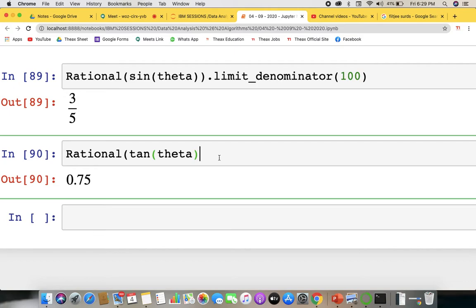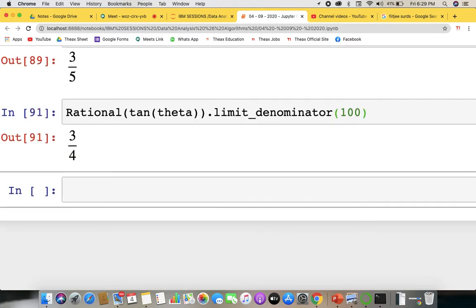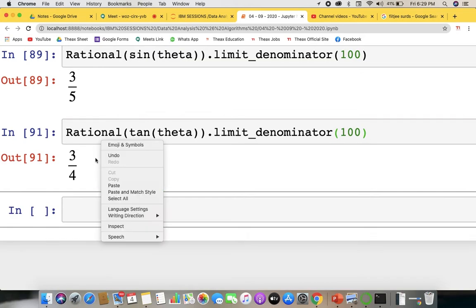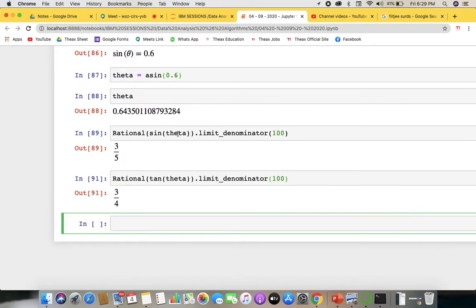The radians we are getting there. Limit the denominator by 100. So tan theta will be 3 by 4. So what will be the value of tan theta by sine theta? Now write the things in rational. Got it? Understood? So you can find various things. We'll be going through all the things one by one.